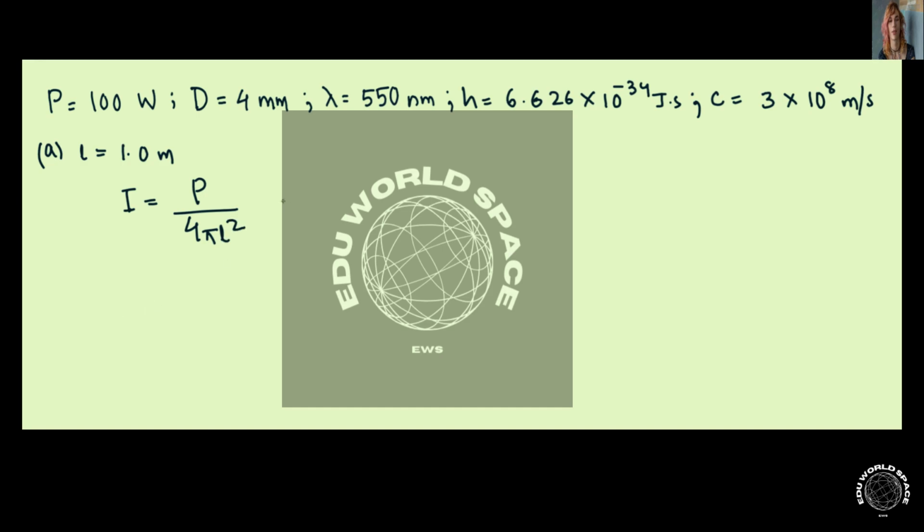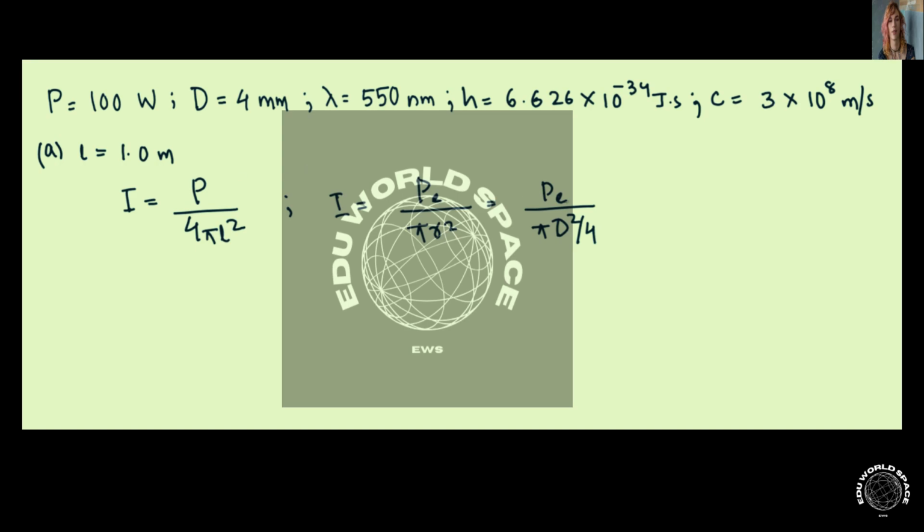Also, the same intensity is equal to the power entering the eye, let's call it PE, over the area of the pupil exposed, which is pi r square. Here we are given the diameter, so this will be PE over pi d square over 4.